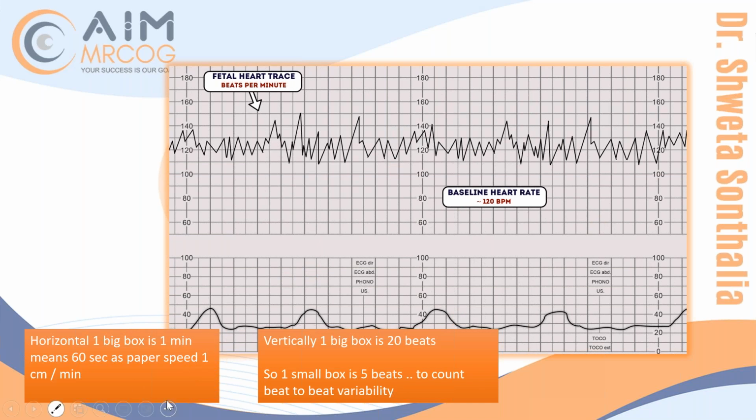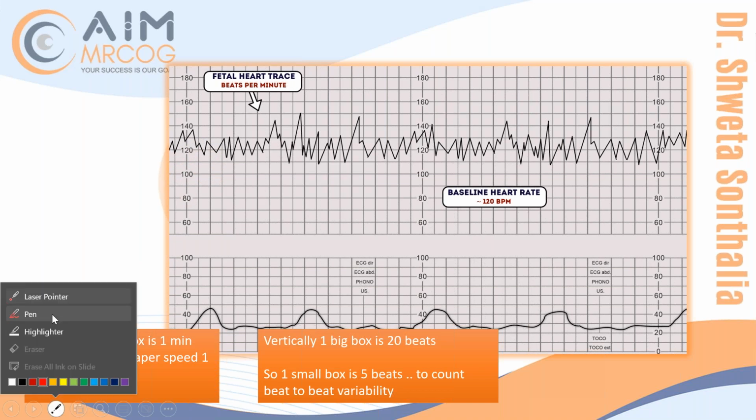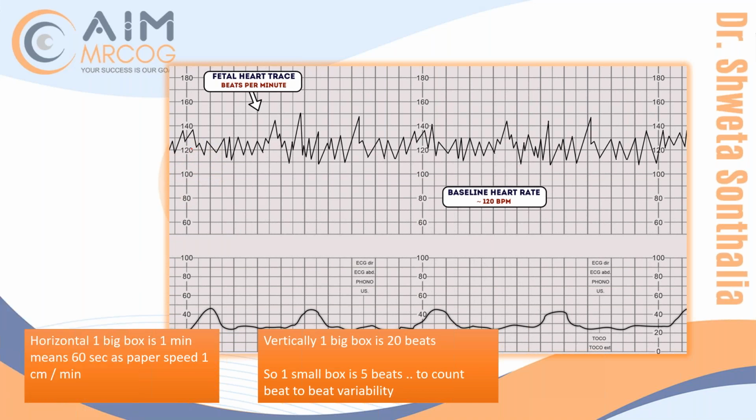So for interpreting any CTG, you have to understand first what these markings and boxes mean, right? So if you see this big box, let me draw it for you. When you see this 120 to 100, this is the big box.